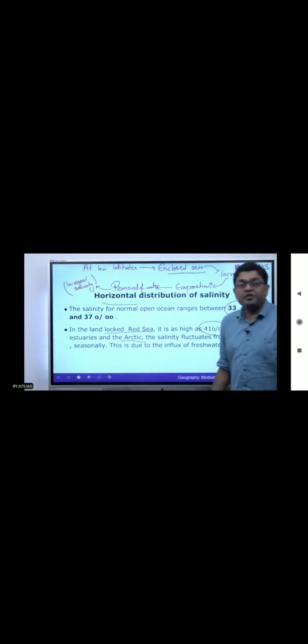When the evaporation is high, that leads to removal of water. When there is removal of water, salinity. Okay? So this is the phenomena which is observed in the region around Red Sea, Mediterranean Sea. Mediterranean Sea also has a higher salinity content.